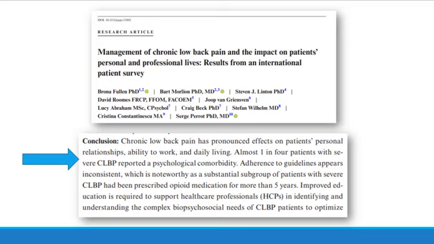Also listed here, substantial subgroup of patients with severe chronic low back pain had been prescribed opioid medication for more than 5 years. Psychosocial, is there addiction resulting from the use of medication for that long of a period of time?